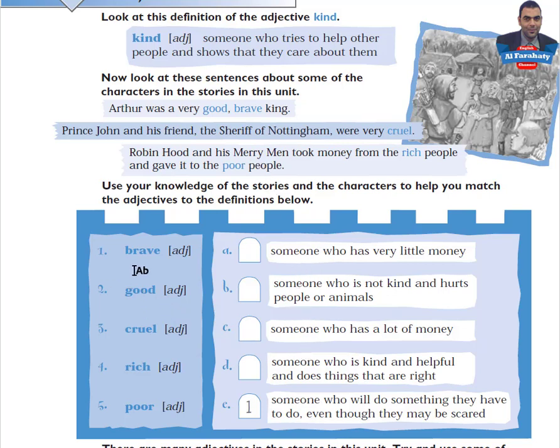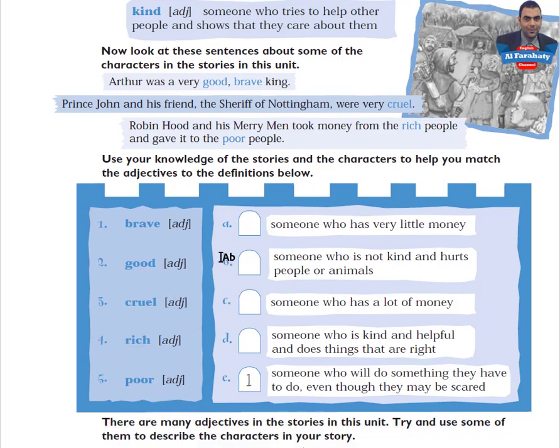1. Brave. 2. Good. 3. Cruel. 4. Rich. 5. Poor. A. Someone who has very little money. B. Someone who is not kind and hurts people or animals. C. Someone who has a lot of money.